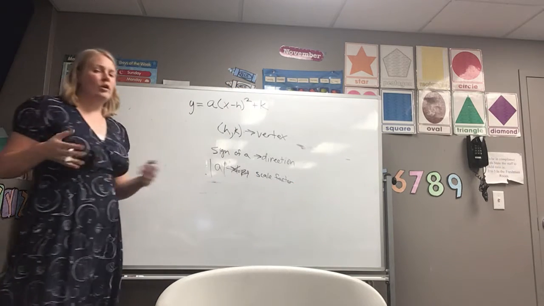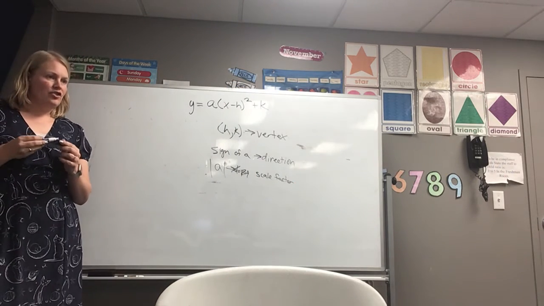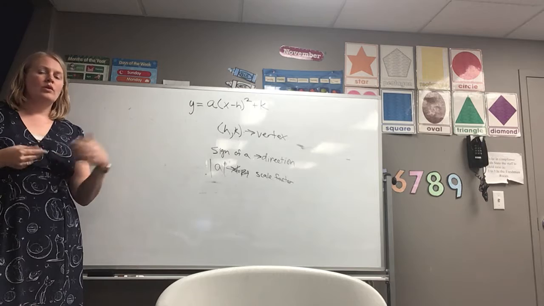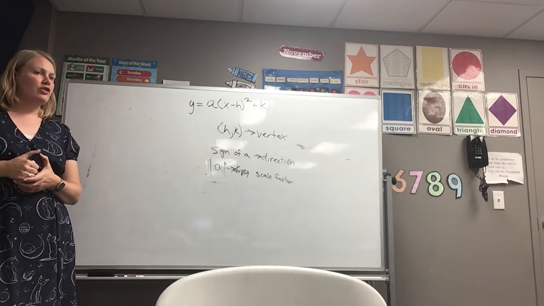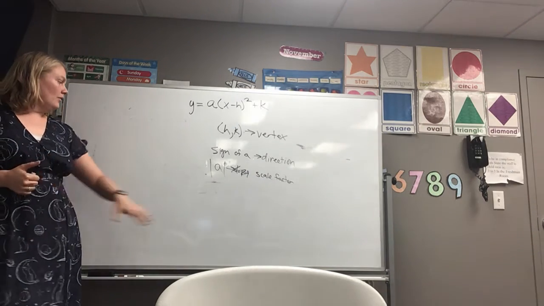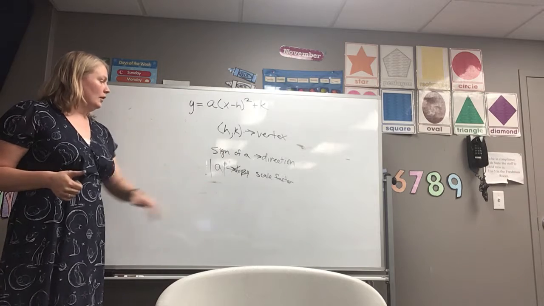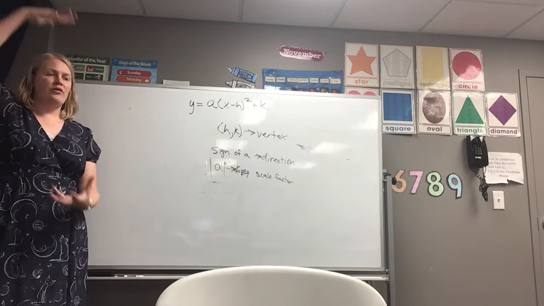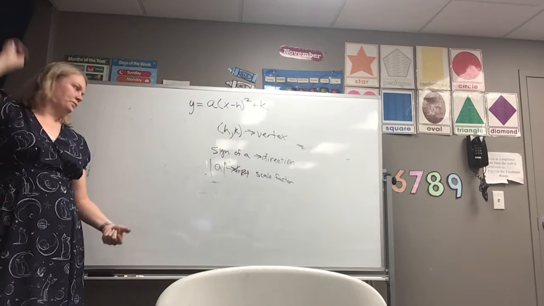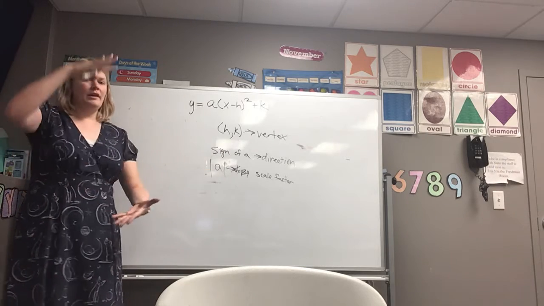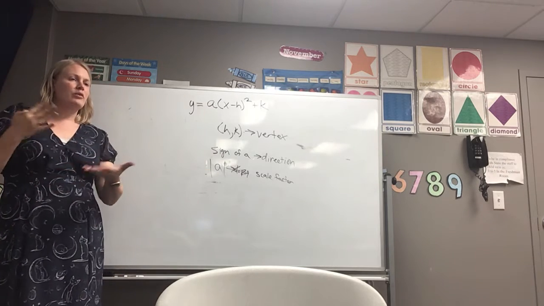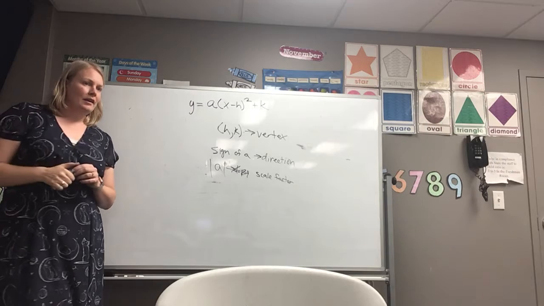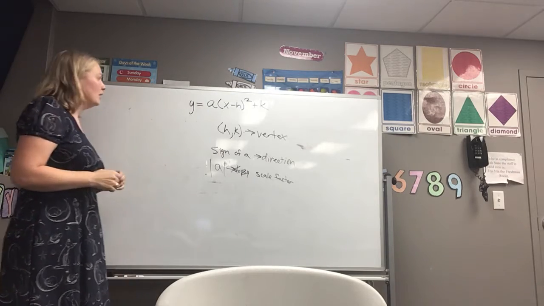How fast or slow is it changing compared to the parent function of just 1? If it is larger than 1, it's going to grow faster or be stretched vertically. If it's smaller than 1, it gets flattened or compressed or stretched horizontally, depending on how you see it.